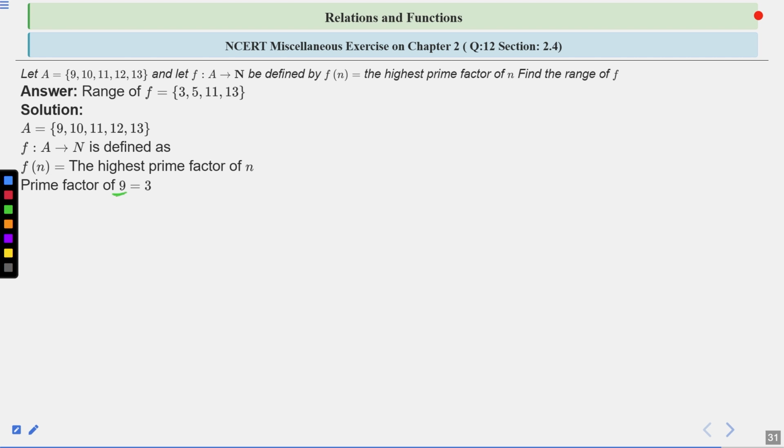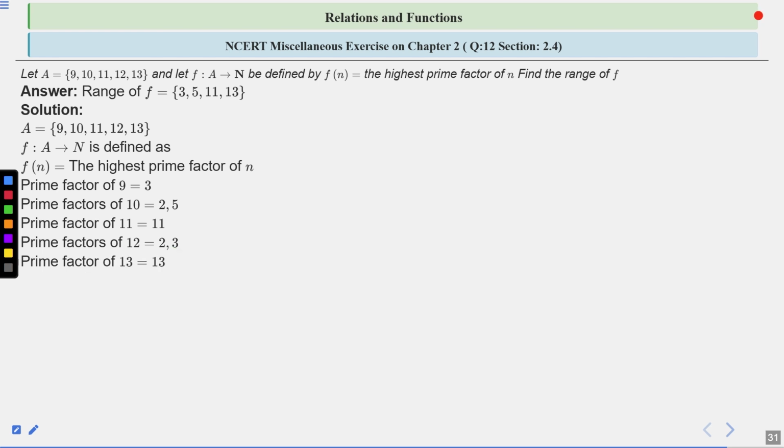For 9, the highest prime factor of 9 is 3. For 10, the prime factors are 2 and 5 and the highest is 5. For 11, the highest is the number itself. And for 12, the factors are 2 and 3 and the highest is 3. For 13, the highest is the number itself.